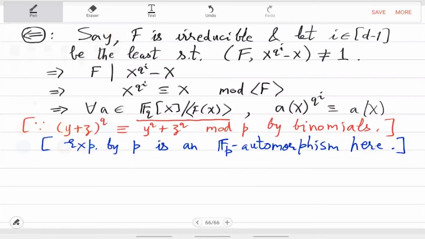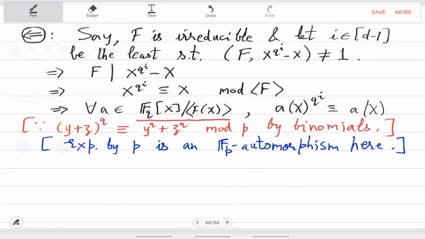At most i elements, because any polynomial can have at most degree many roots in a field. But you can make an even more precise statement. You can actually say that q raised to d minus 1 will divide q raised to i minus 1. You can actually get an equality in terms of exponents.